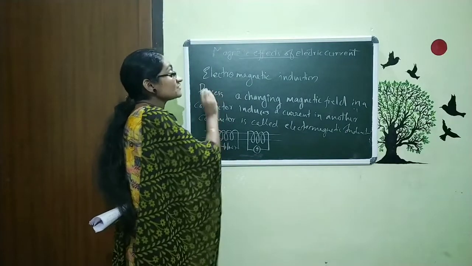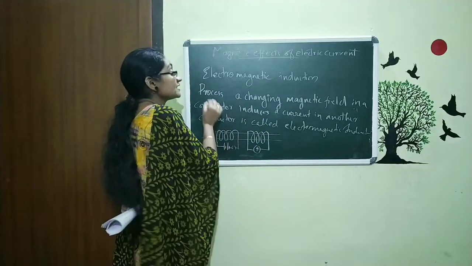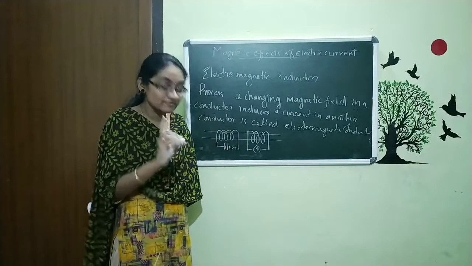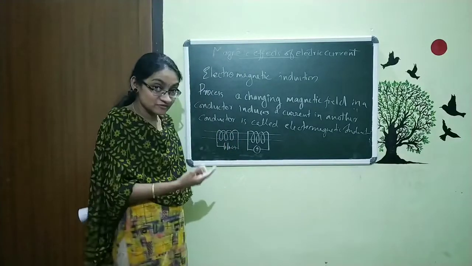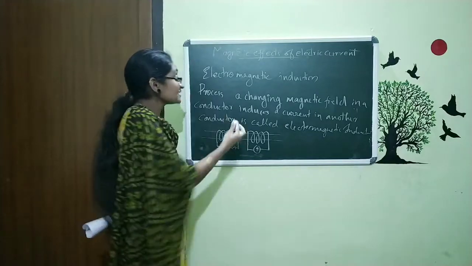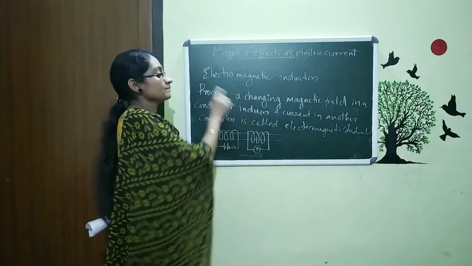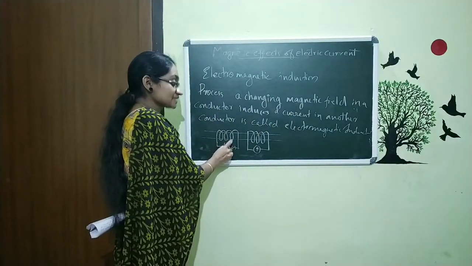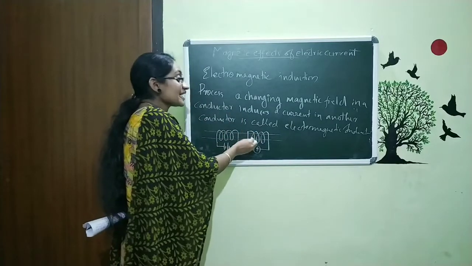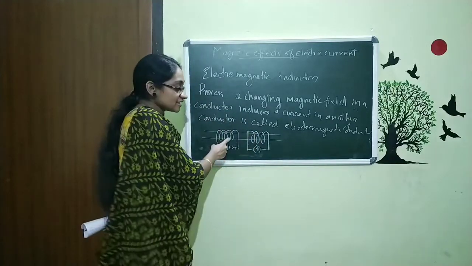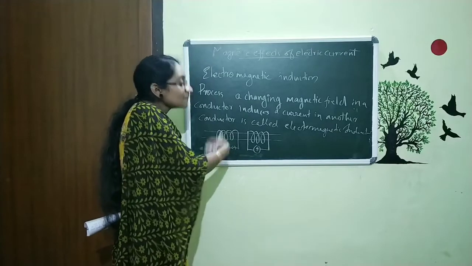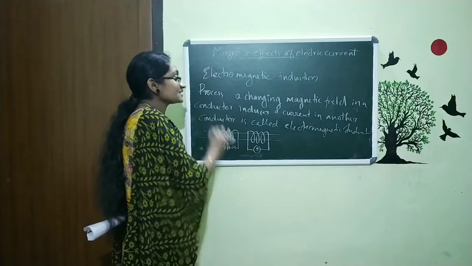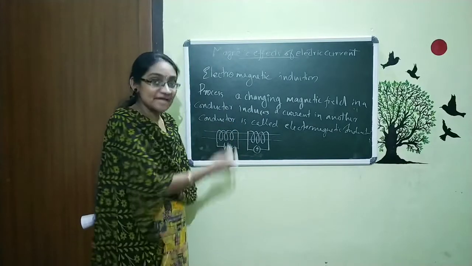It is a process by which a change in magnetic field in the conductor induces a current in another conductor. When I close the key here, the current is flowing, and when current is flowing, it produces a magnetic field, and there also occurs a change in the magnetic field.